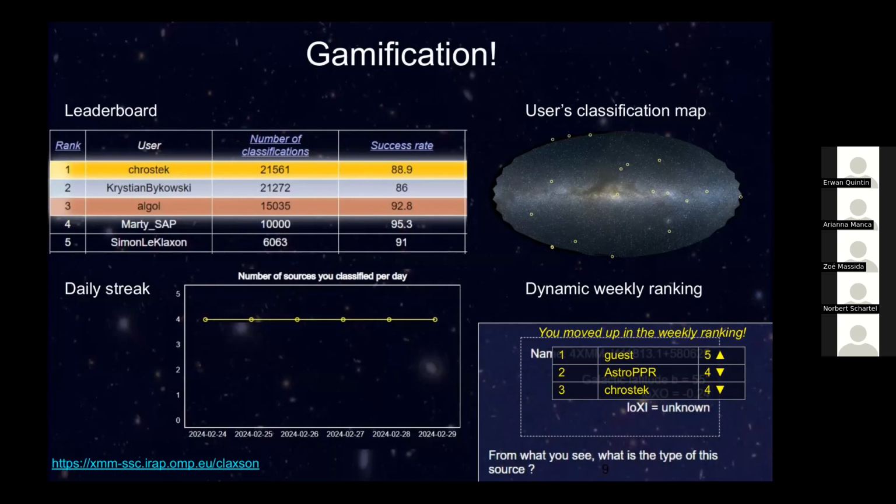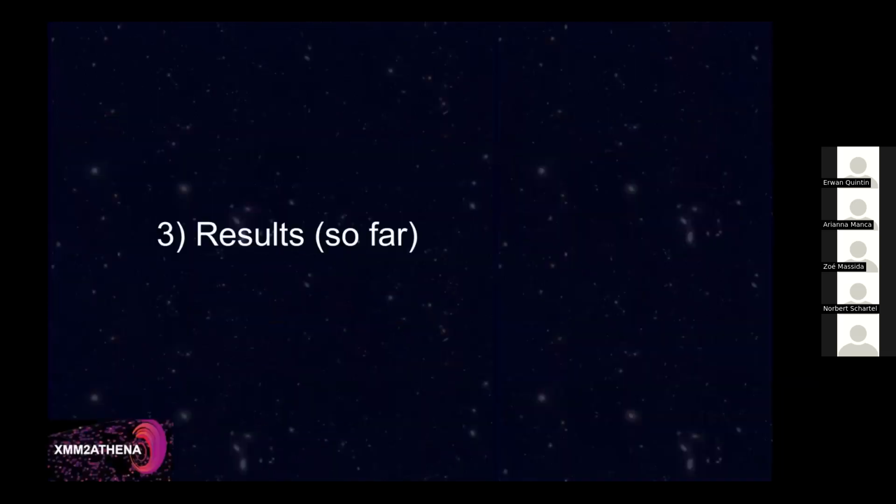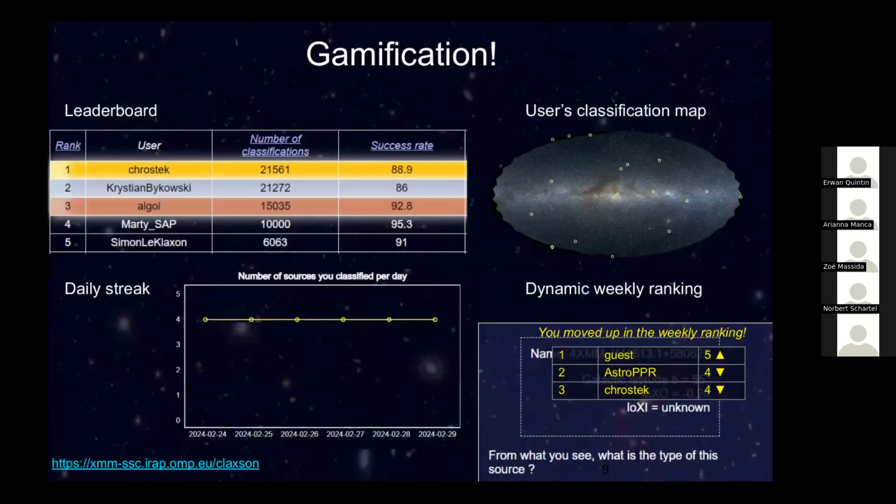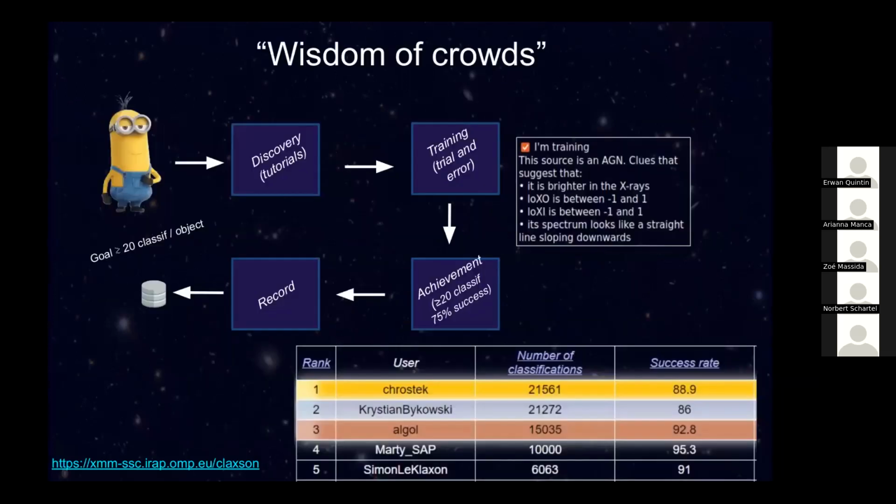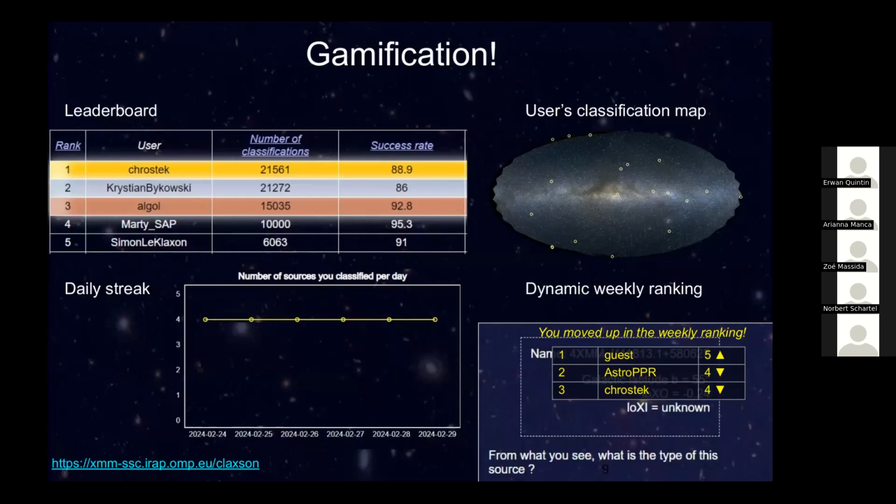Still, it's a majority of AGN, and so I've started to work on better metrics to assess the success rate of users, as we already have a confusion matrix, for example. We could imagine maybe the F1 score or the generalized F1 score of the class of the volunteer, and base this success rate on this metric.